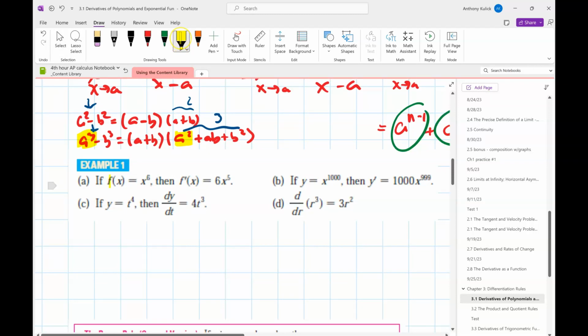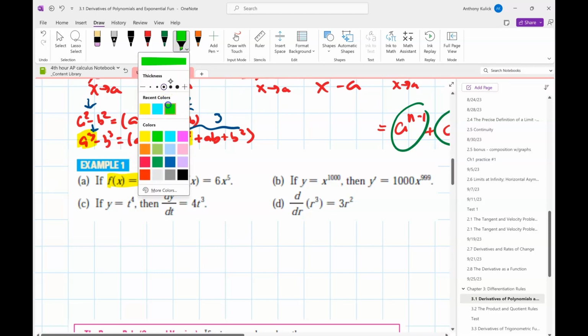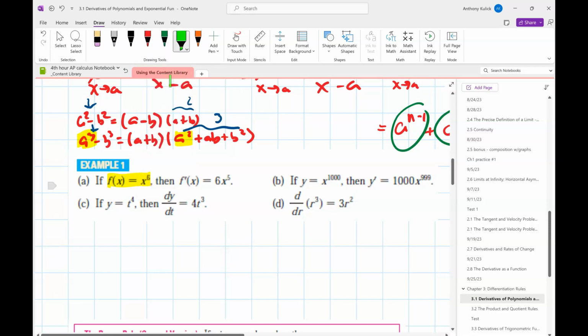If f of x is equal to x to the 6th, the derivative is 6x to the 5th, right? The exponent becomes the coefficient, and then we subtract 1 from the exponent.